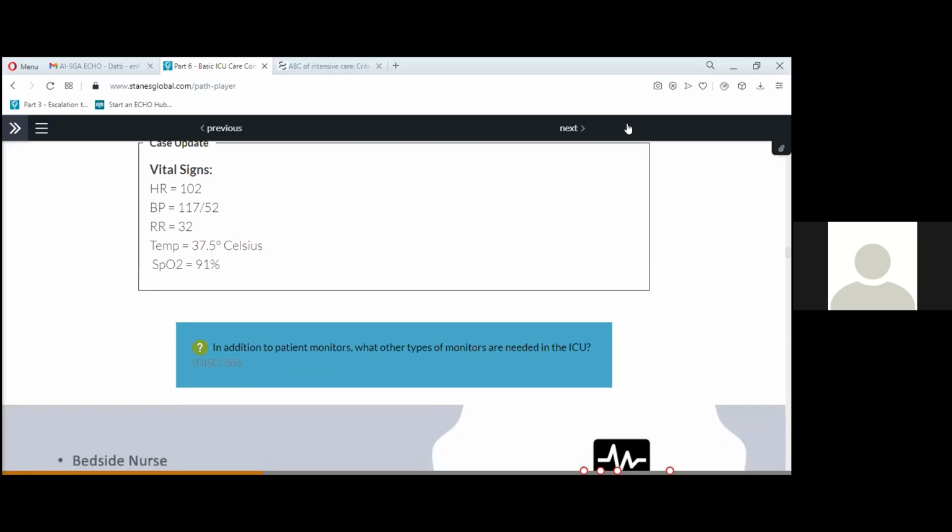Okay, we've had ABG, yes. A lot of centers might not have this arterial blood gas. Which other monitor? For this, we can think of a developed or a highly resourced center.